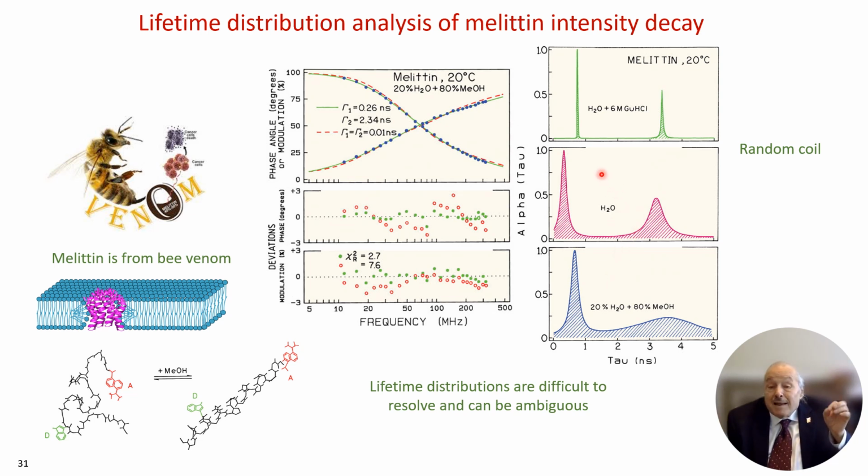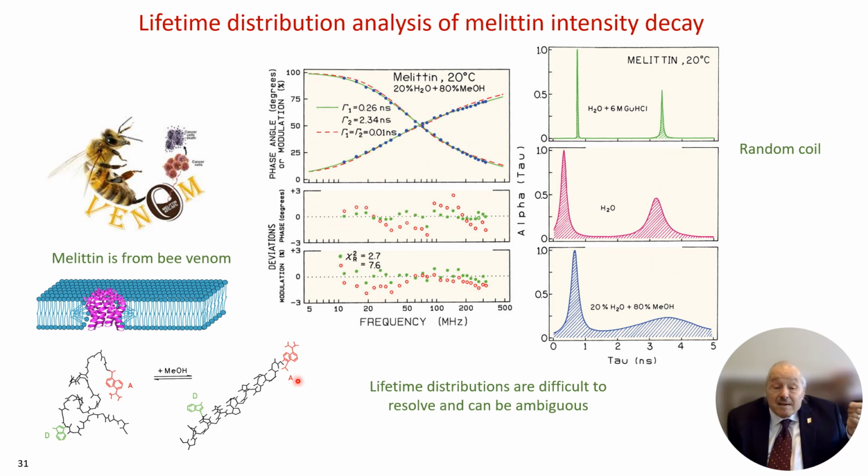And for the random coil state, very sharp double exponential decay. When we get to the alpha helical state, it's a very wide distribution of the alphas and taus. So this really is not a double exponential decay. It's actually something more complex than that.